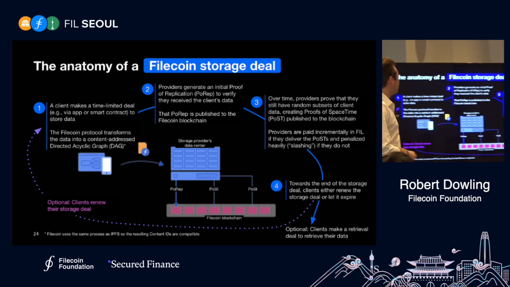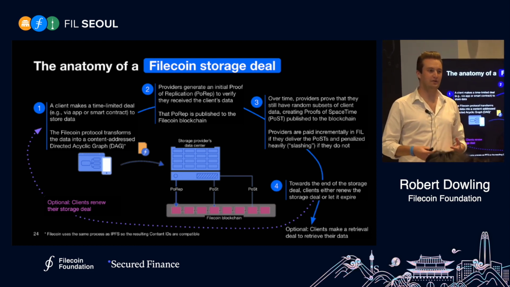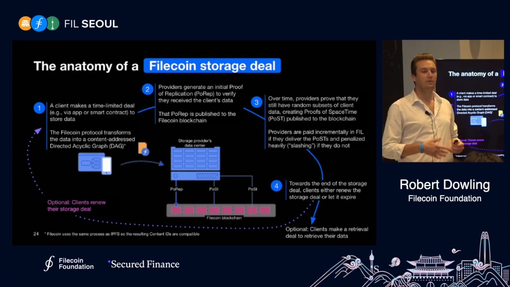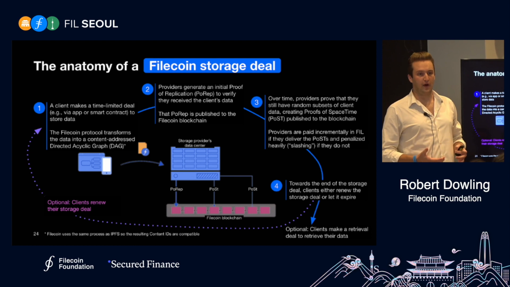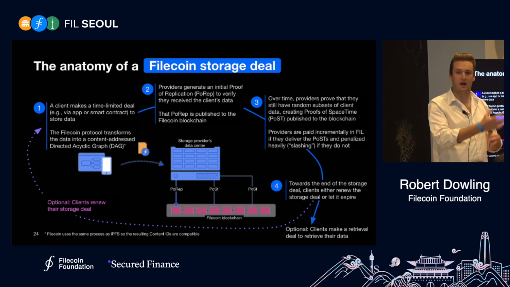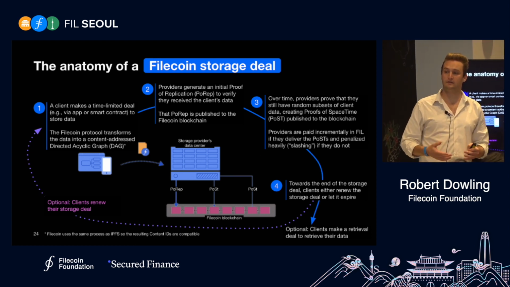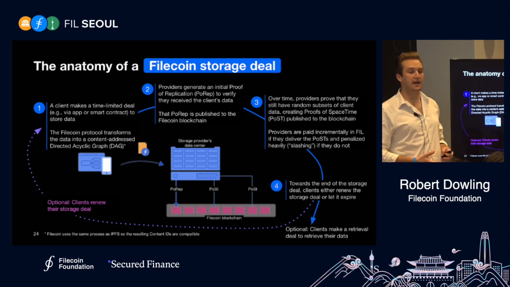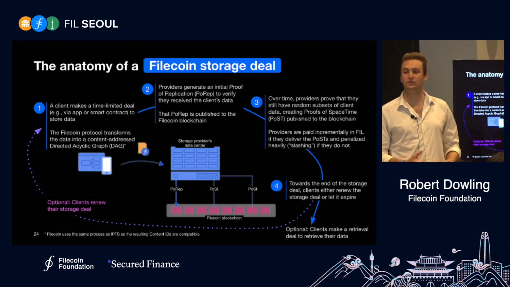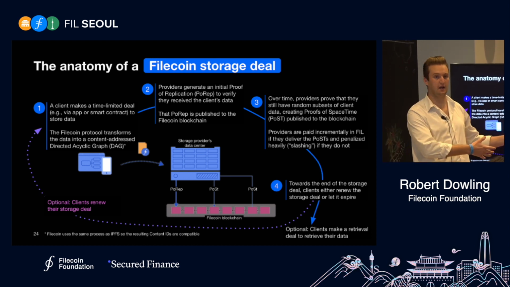All right. So the anatomy of a Filecoin storage deal. So first of all, what is the point of Filecoin? All of the data on Filecoin is compliant to this content addressed interplanetary linked data situation, but Filecoin as a blockchain is the storage and retrieval marketplace for that data.